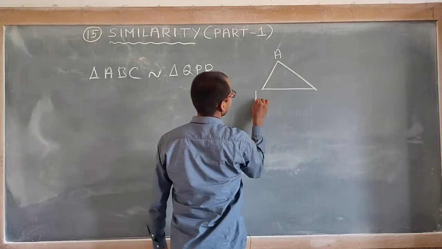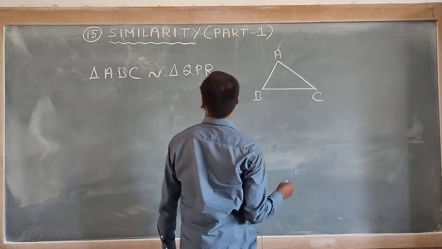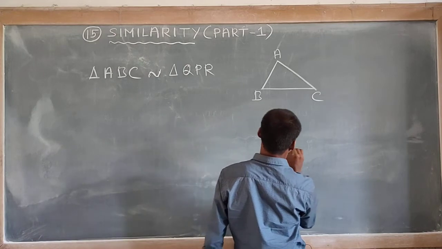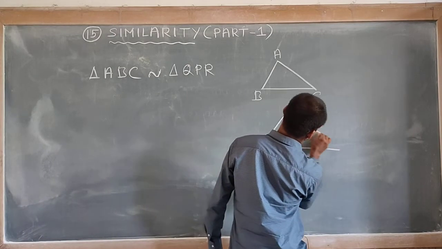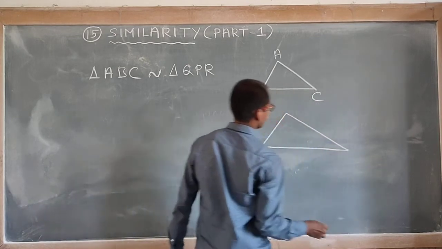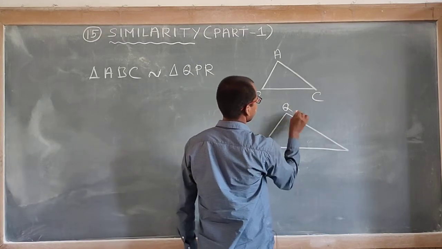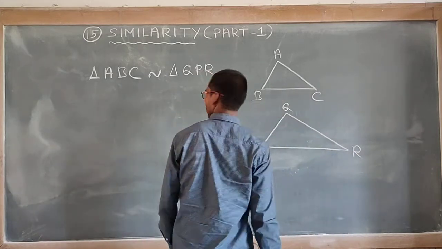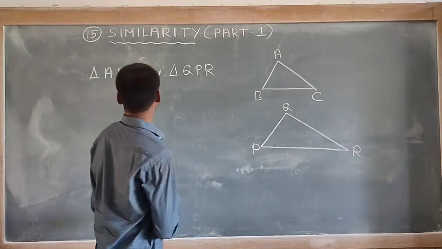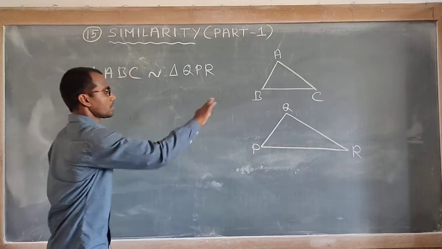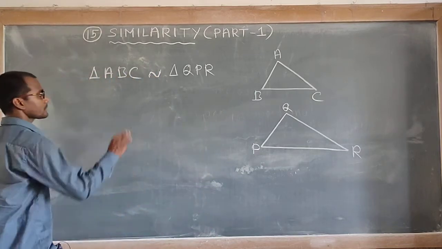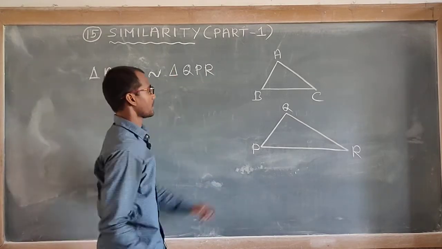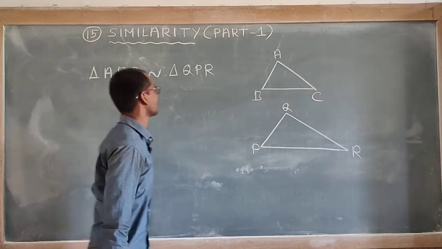Suppose this is A, B, C. My diagram may not be accurate. Q, P, R. So these two triangles are similar. The order is given. You cannot change the order. A, B, C, Q, P, R.